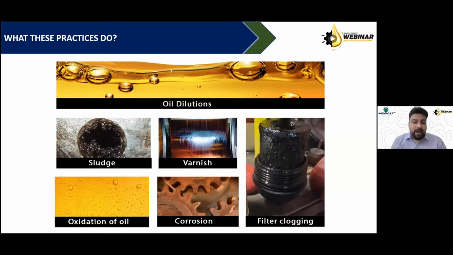Then you would have very frequent filter clogging. It can be an air breather filter, the oil filter which the OEM has provided, or any other filter you might have adopted at the site. Filter clogging becomes quite prominent. So if we can prevent the addition of contamination into our lubrication system, we would arrest a lot of such problems later on.